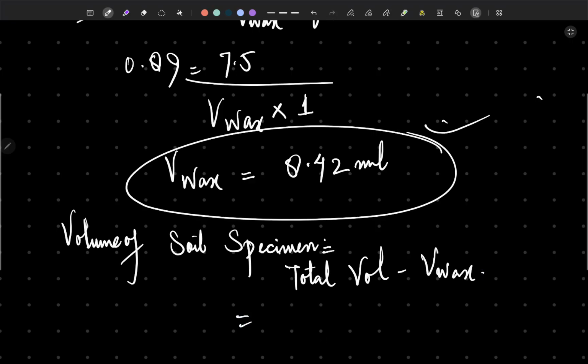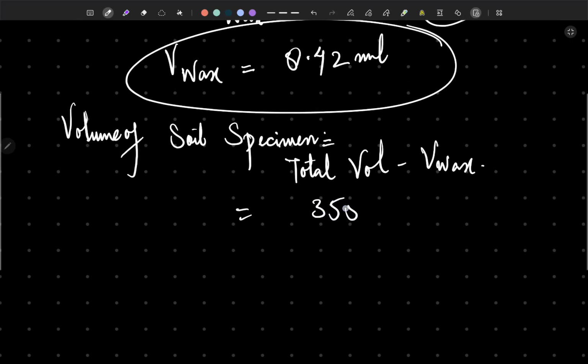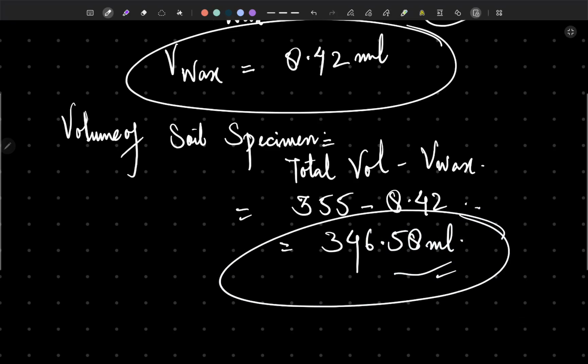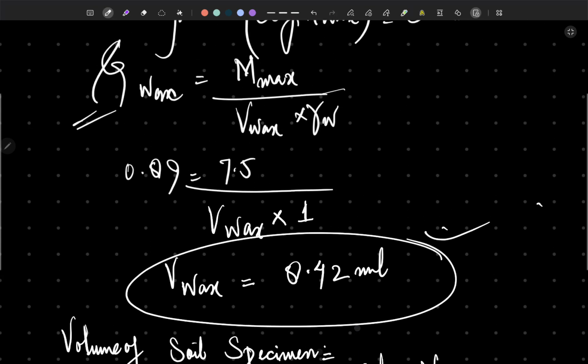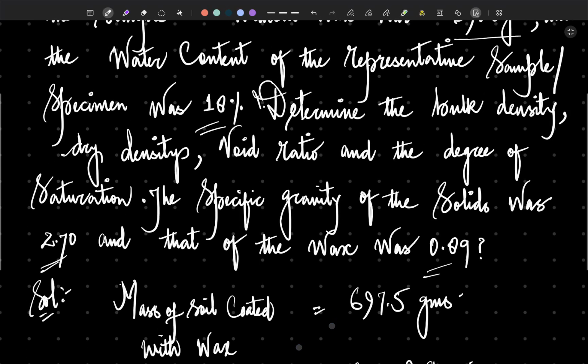Total volume is 355 milliliters, volume of wax is 8.42 milliliters, so by calculation 346.58 milliliters. This is the volume of the soil specimen. Let's go on finding the parameters.